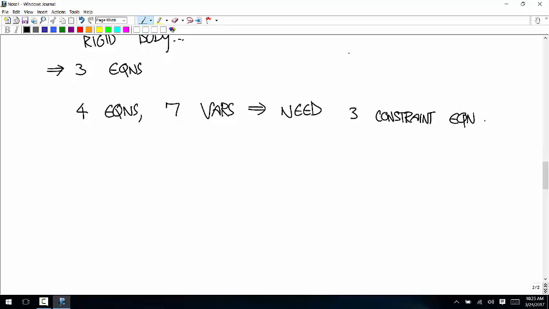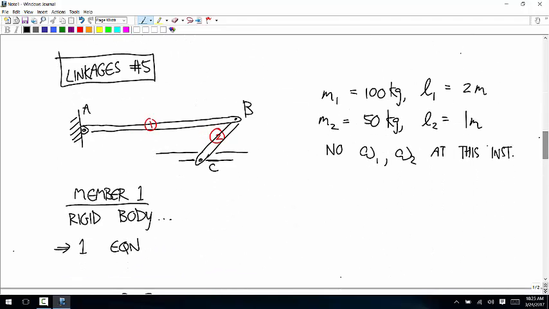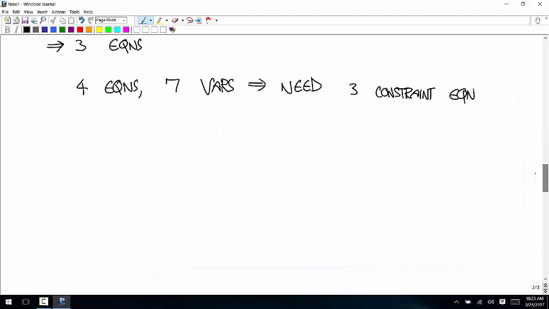Okay, so first let's do the constraint at B. I'll first do it for member 1.